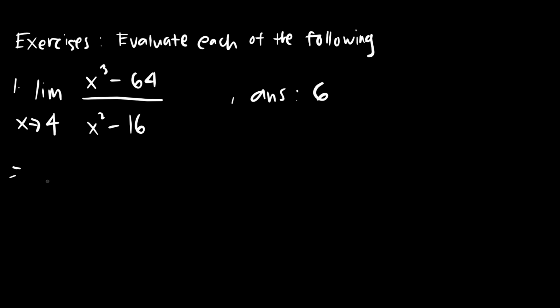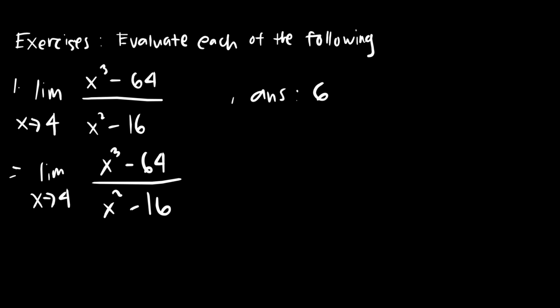So we'll copy the limit as x approaches 4 of x cubed minus 64 all over x squared minus 16. The numerator is in the form of a difference of two cubes.